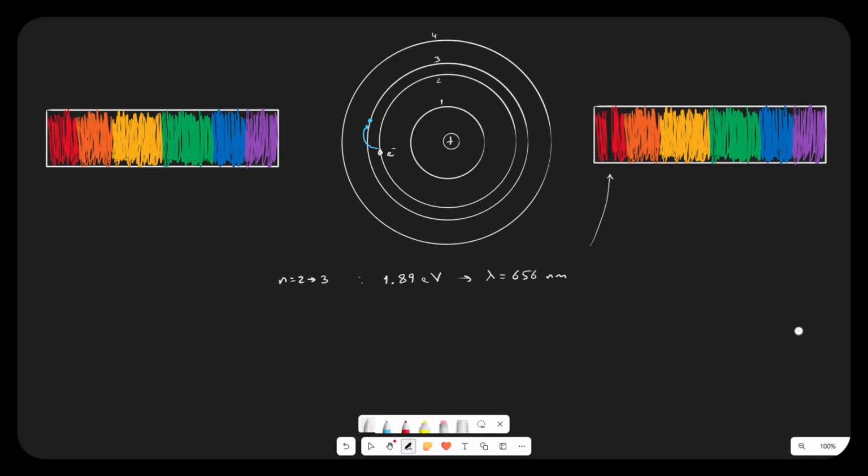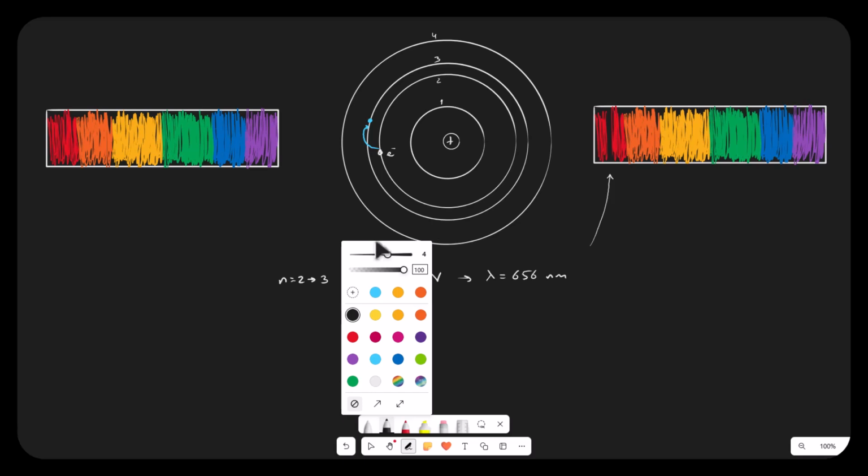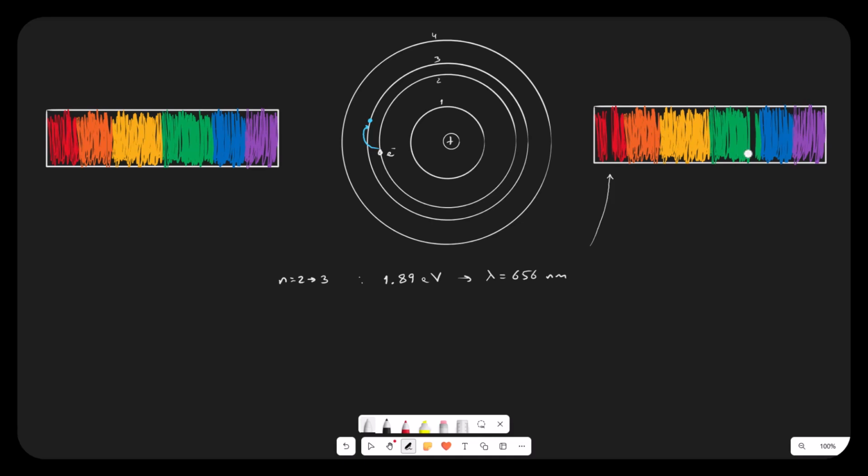Hydrogen has a few of these lines that happen to fall within the visible spectrum. We get this line at 656 nanometers, that's a 3 to 2. We get a line here. So this is the 2 to 3, and that is our 656 nanometers.